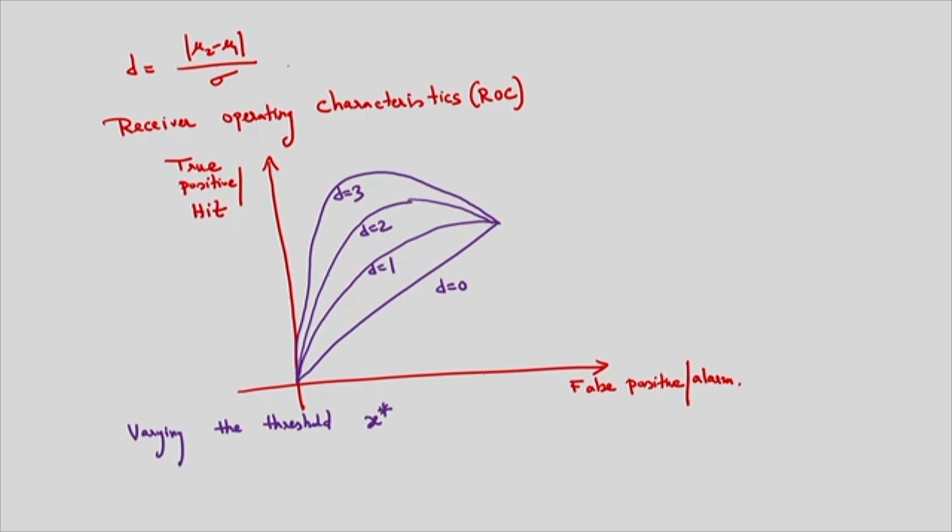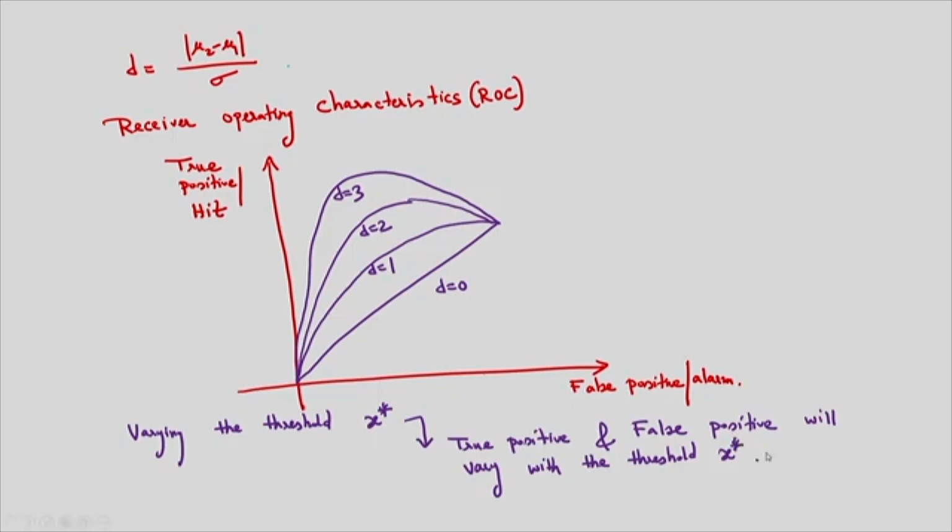The true positive and false positive probabilities will vary with respect to the threshold x star. So you can see if I vary the threshold x, you can control the true positive and the false positive, because the true positive and the false positive depend on x.